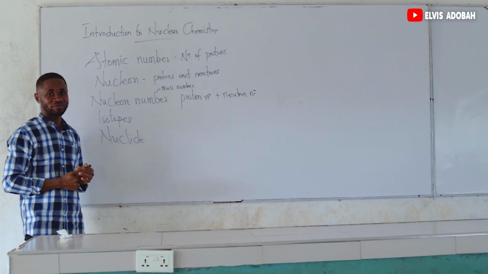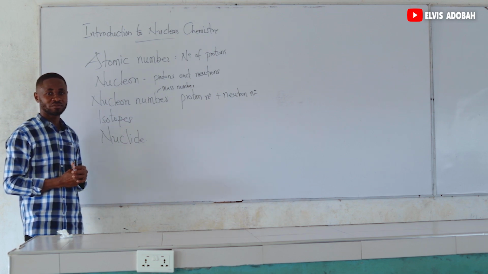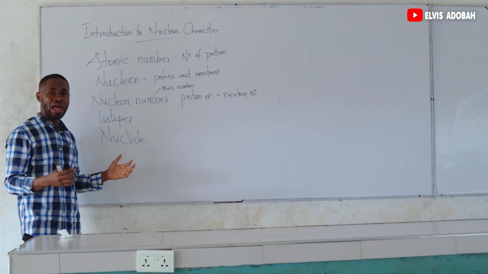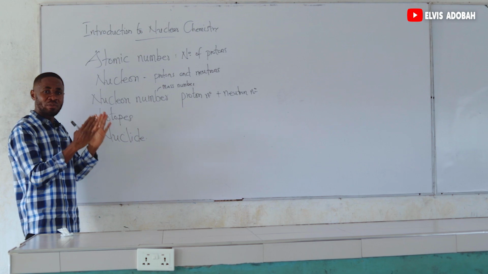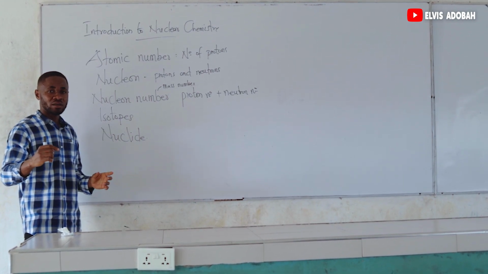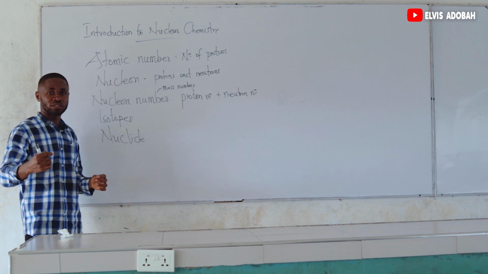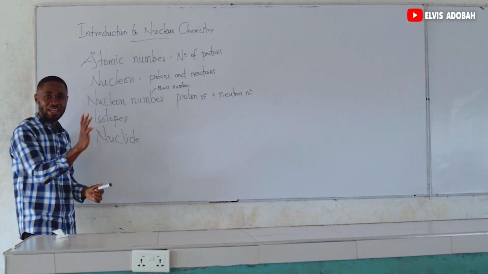Next in line is isotopes. Isotopes are atoms of the same element with the same number of protons but different mass numbers. And the mass numbers are different because the number of neutrons changes. So let's take an example.